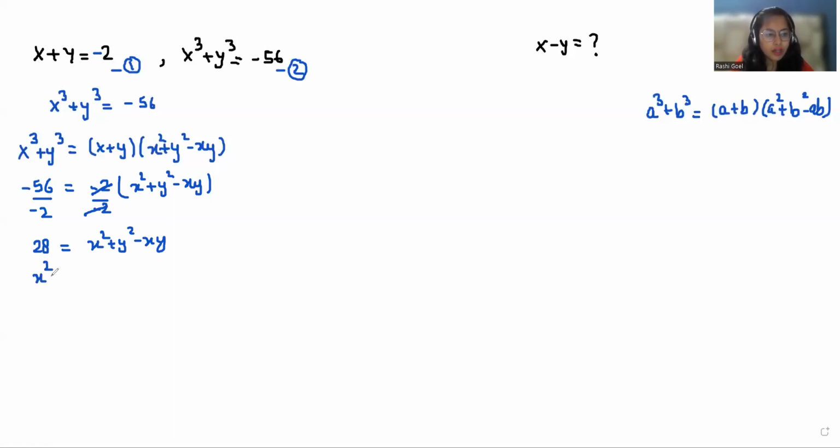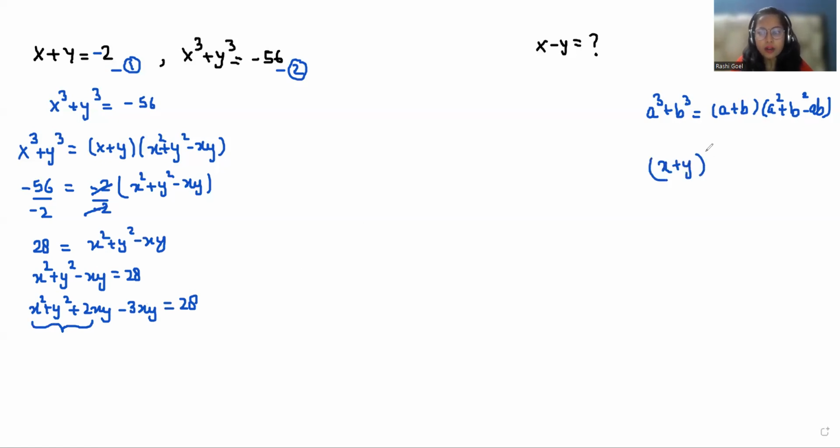So we can write the equation as x square plus y square minus xy is equal to 28, and minus xy we can write as plus 2xy minus 3xy, is equal to 28. And here it becomes a formula of (x plus y) whole square, that is x square plus y square plus 2xy.